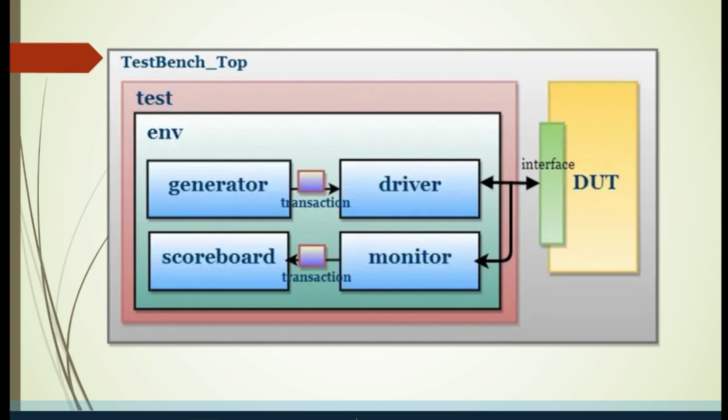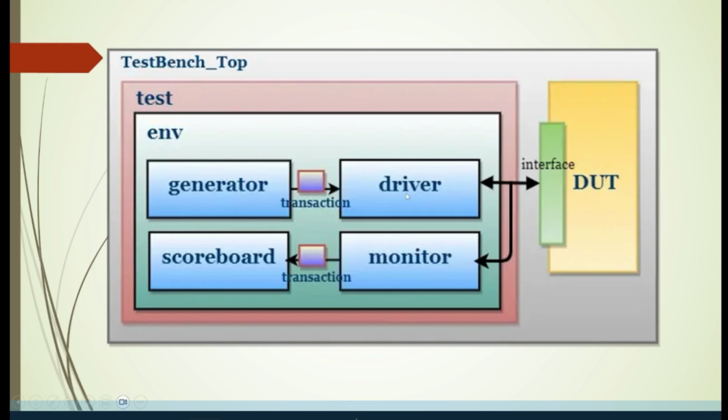The output that the DUT has sent, like the monitor has sent to you, is the actual output. And the expected output means when you are designing something, you will be expecting the output in some way. Is it or not? So these two are compared in the scoreboard. Okay, theoretically, but you will be seeing how you will be comparing that in the form of code, right? So this is the work of the scoreboard.